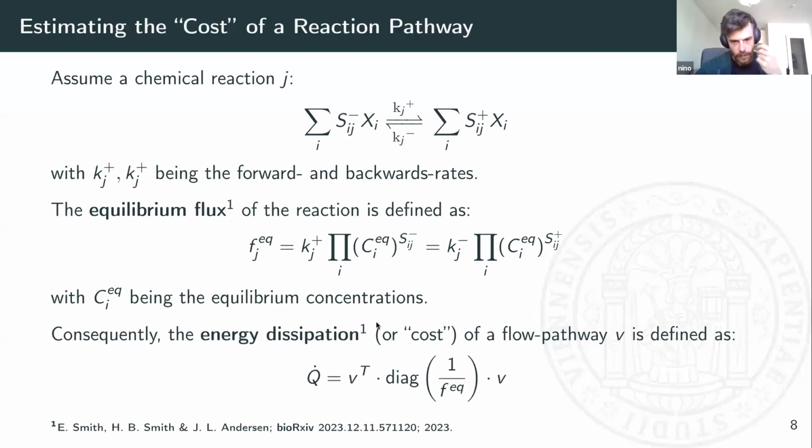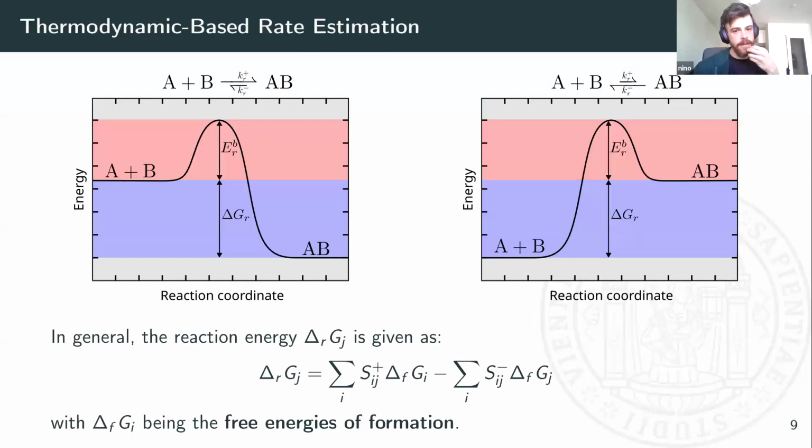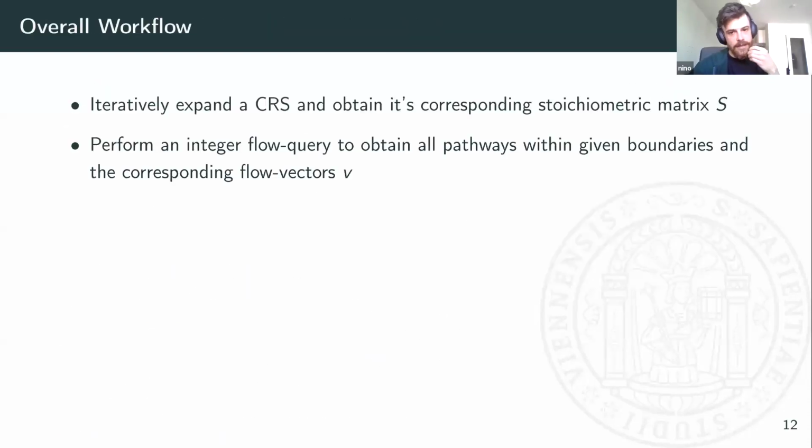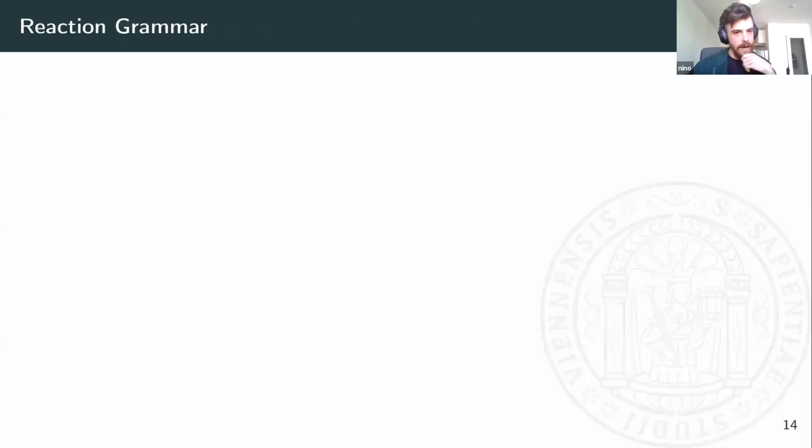Yeah. Okay. But just to, so basically this Q dot is then something like the length of this pathway that is then rescaled by this equilibrium flux. It should have no unit, so it should be really just, how do you say, some cost estimation. And there's actually the prime.